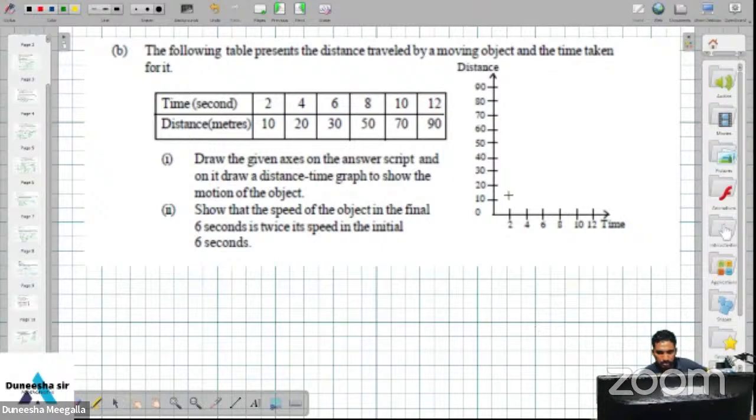You have to plot 2 at 10, 4 at 20, 6 at 30, likewise, then 8 at 50, then 10 at 70, like this, 12 at 90.